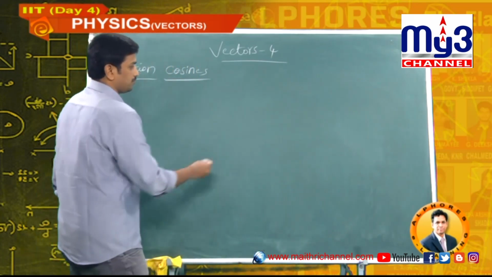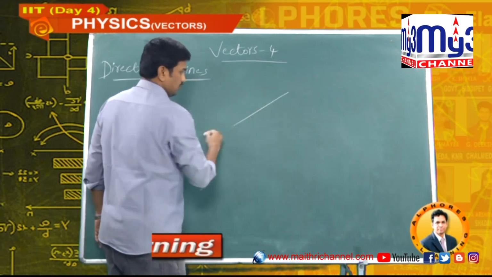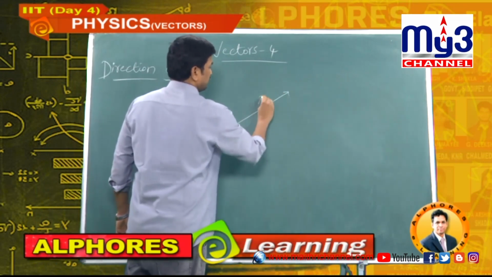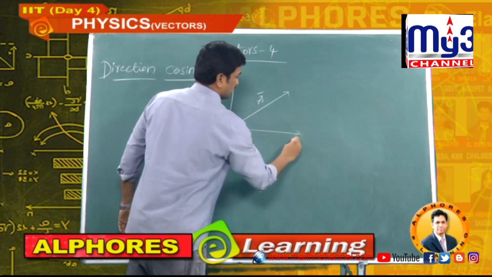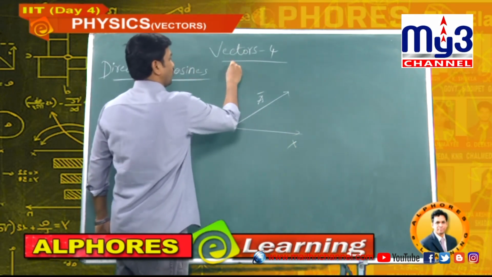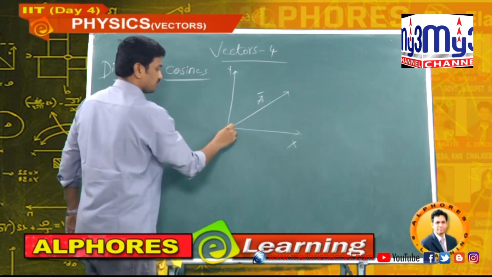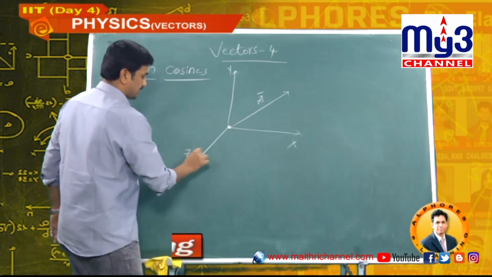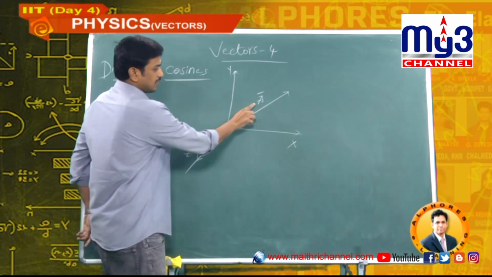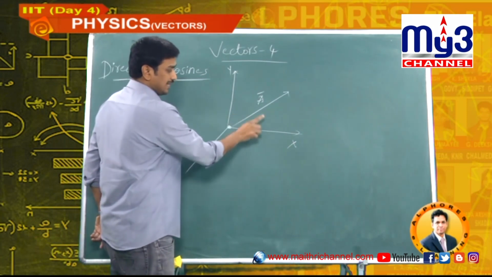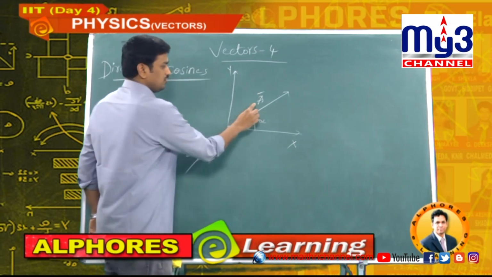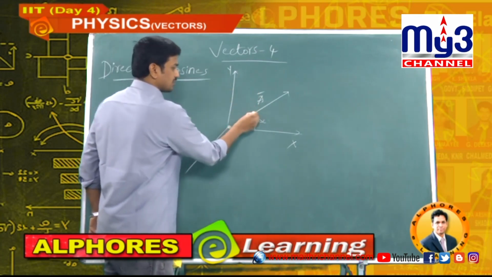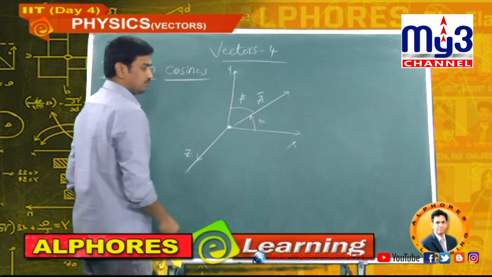See here. A bar, x axis, y axis, z axis. See the vector: with the x axis, the angle is alpha. With the y axis, beta.